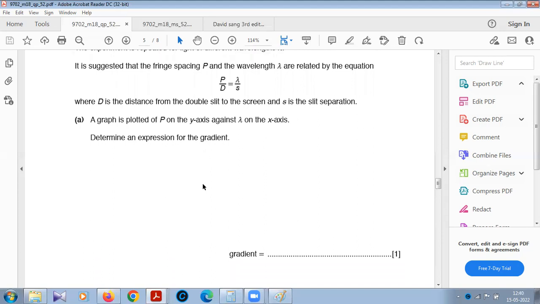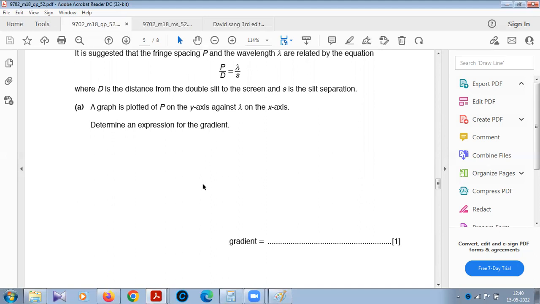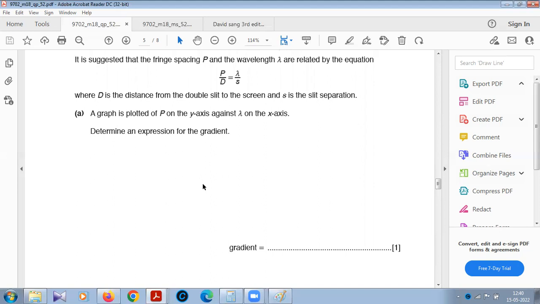So this is a very simple question. A graph is plotted with P on the y-axis and lambda on the x-axis. Determine an expression for the gradient. So what do you think the gradient will be? Look at the formula, y equals mx plus c.